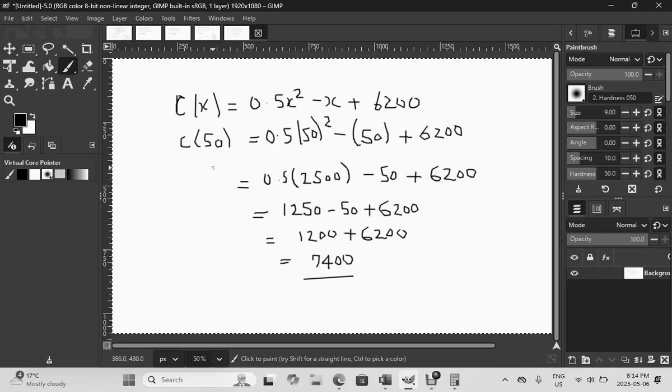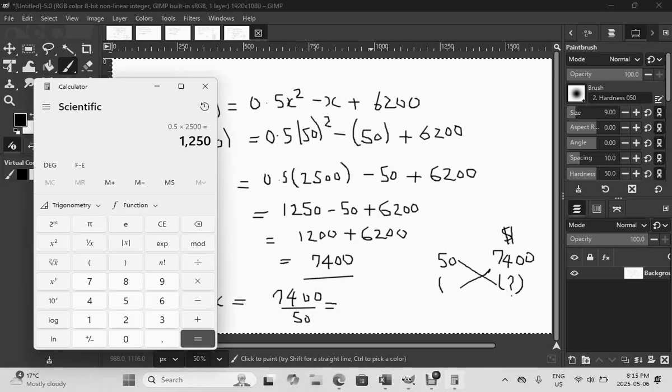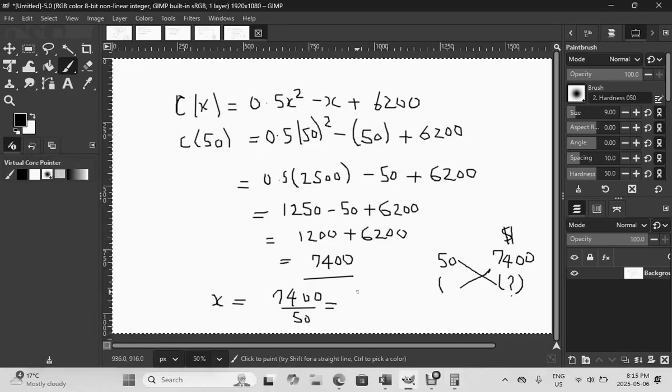Now that we have C(50), we can simply cross multiply to figure out the price of one scooter. We know that 50 scooters cost $7,400. So what's the price for one? Basically multiply 1 by 7,400 and divide by 50 to get x. So x equals 7,400 divided by 50. That's $148.